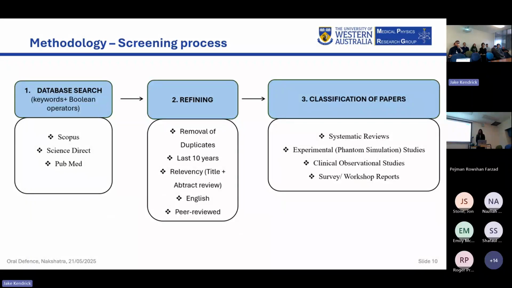Also based on relevancy by doing a title and abstract review, and also have inclusion and exclusion criteria for a structured screening. And then I'll also like to classify the papers so that it's a bit more organized and easier for me to extract the data.